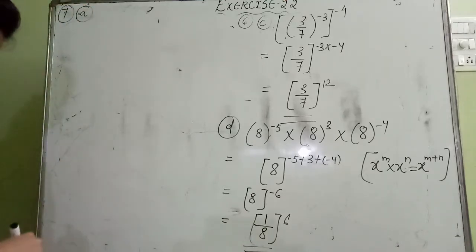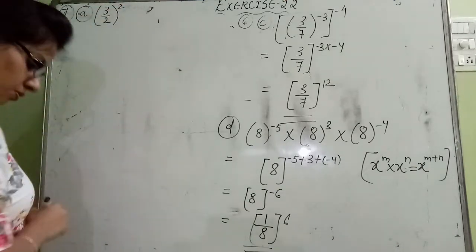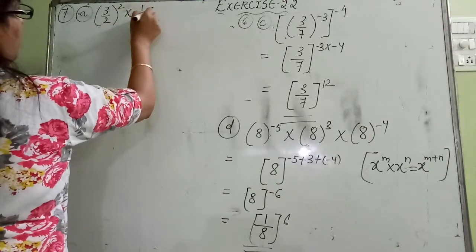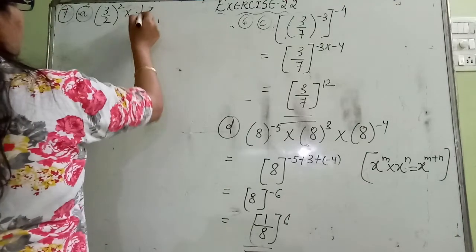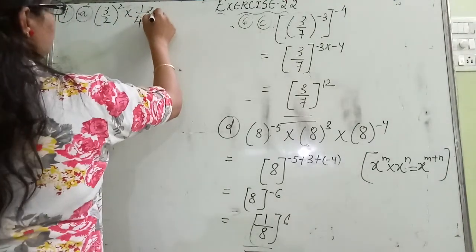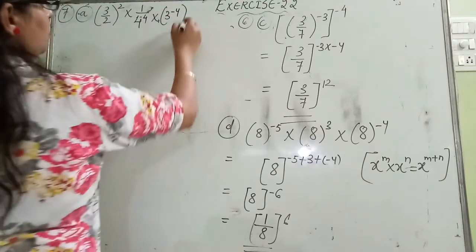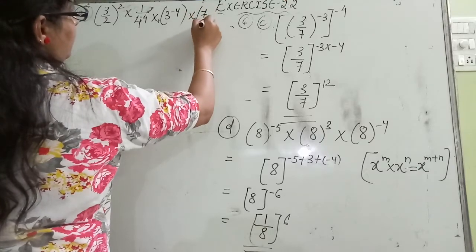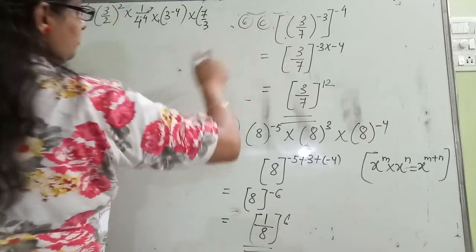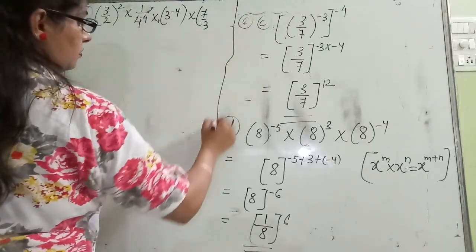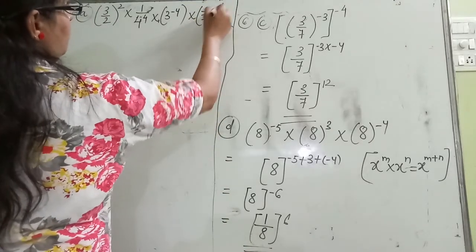Question number 7, A I will be doing. 3 by 2 raised to the power 2 into 1 by 4 raised to the power, sorry, it's minus 4, into 3 raised to the power minus 4 into 7 by 3 raised to the power minus 1.